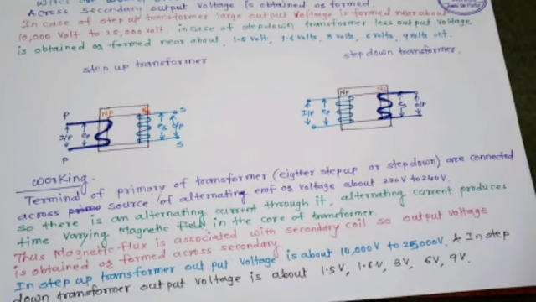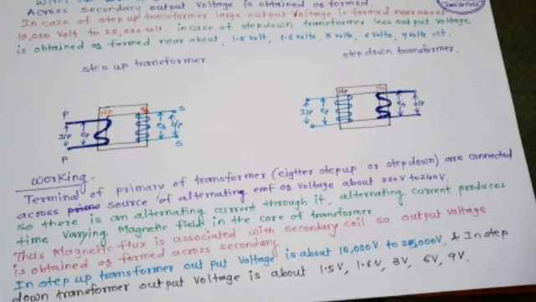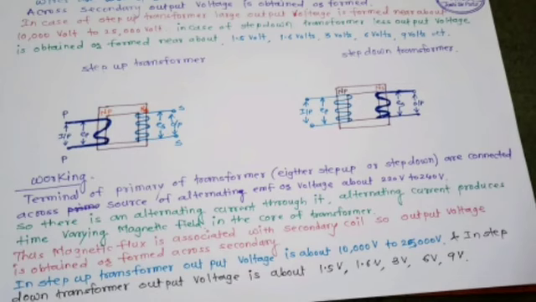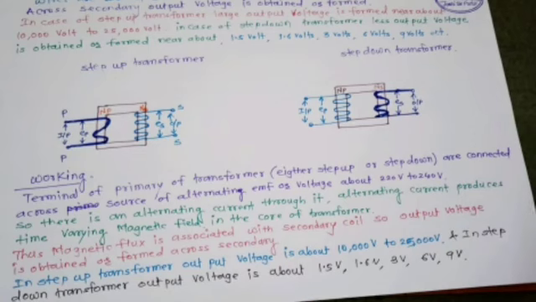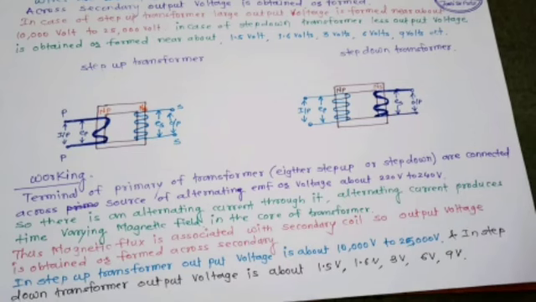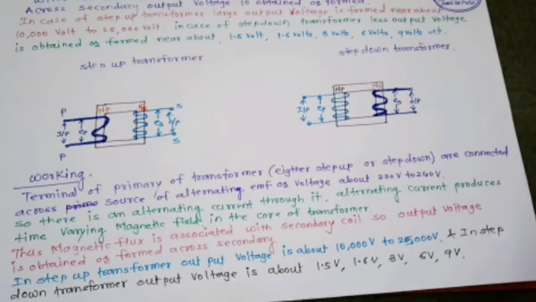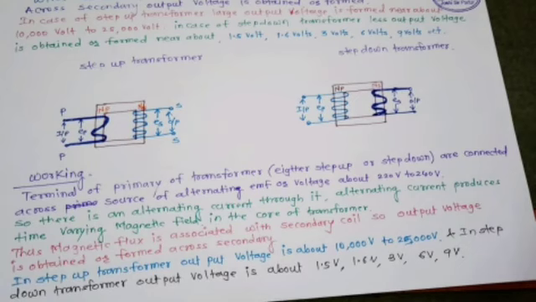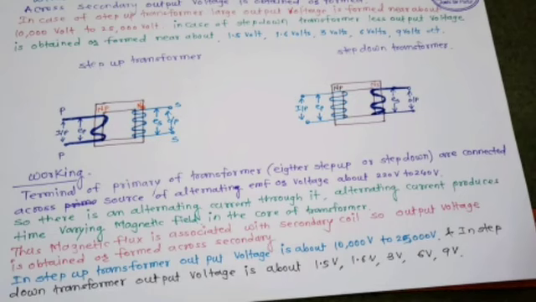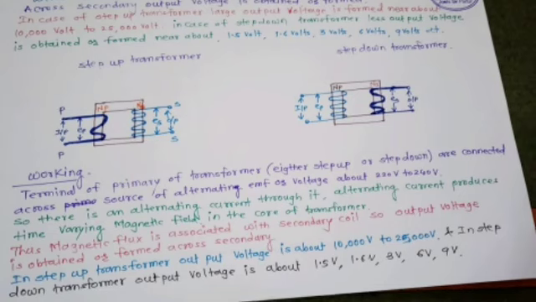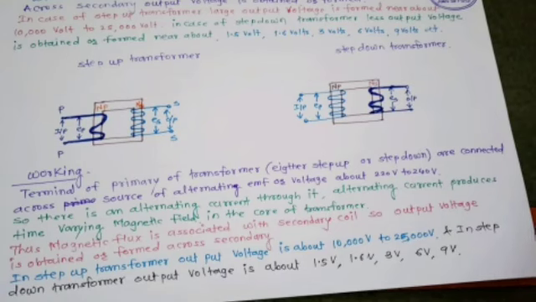Thus, magnetic flux is associated with the secondary coil. So output voltage is obtained across the secondary. In a step-up transformer, output voltage is about 10,000 volt to 25,000 volt, but in a step-down transformer, output voltage is about 1.5 volt, 1.6 volt, 3 volt, 6 volt and 9 volt.